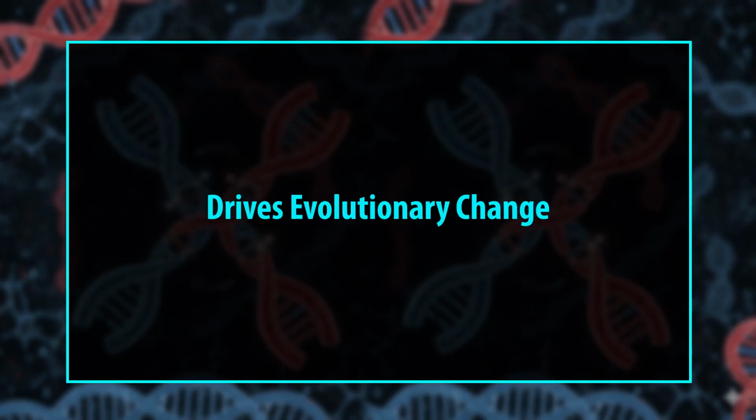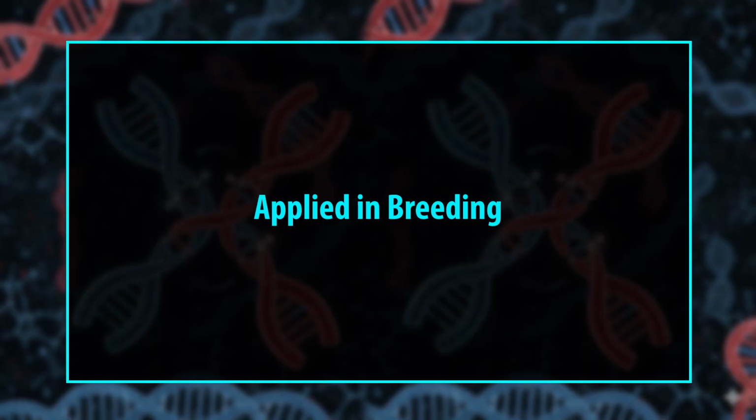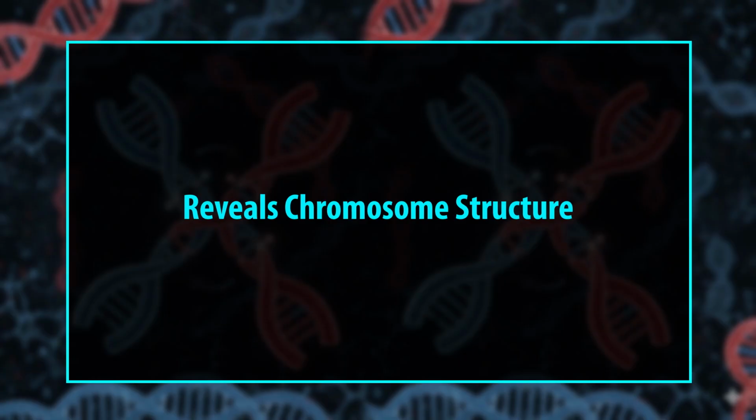It drives evolutionary change: variation created by recombination allows species to adapt to environmental pressures. Medical relevance: abnormal crossover events may cause chromosomal disorders such as deletion, duplication, and translocation. Applied in breeding: useful new gene combinations can be exploited in plant and animal breeding for improvement. It reveals chromosome structure, demonstrates the linear arrangement of genes, and aids in understanding gene action.